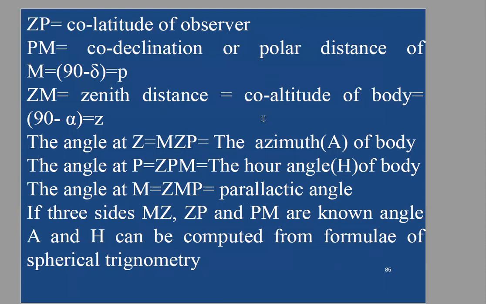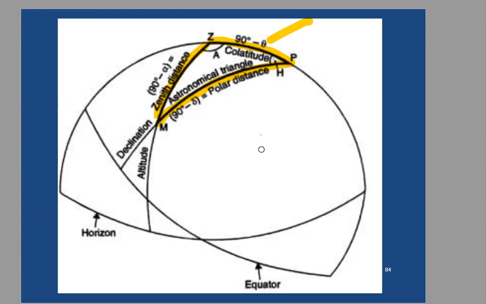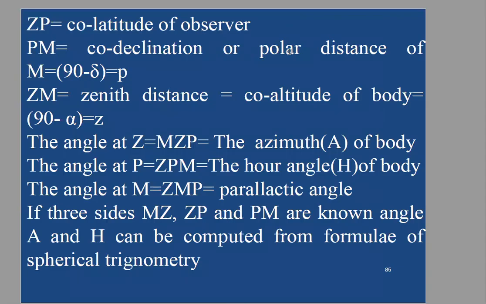The angle at Z, that is MZP, is the azimuth A of the body.